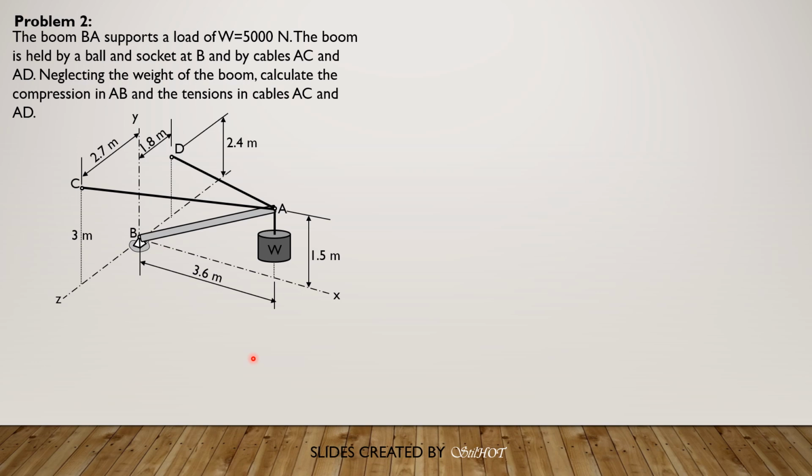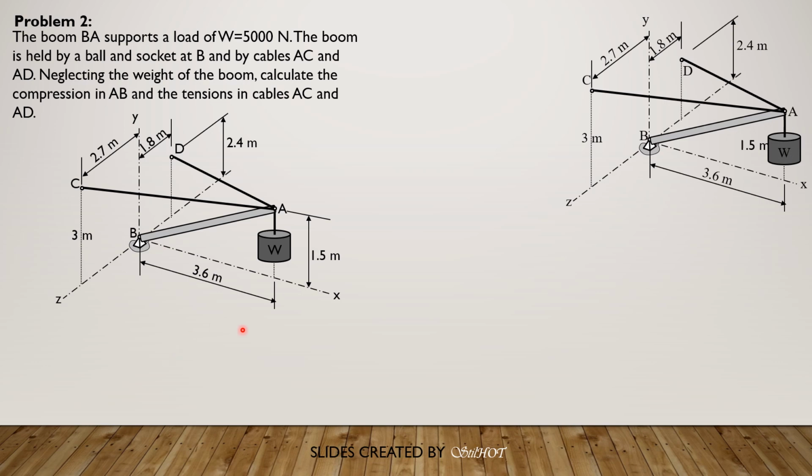Actually, we can just set up the equations summation of forces along x equals 0, summation of forces along y equals 0, and summation of forces along z equals 0, because all these members are two-force bodies. But I'll present a solution which takes the sum of moments about a certain axis equals 0.